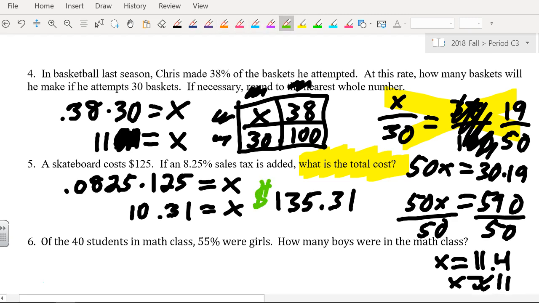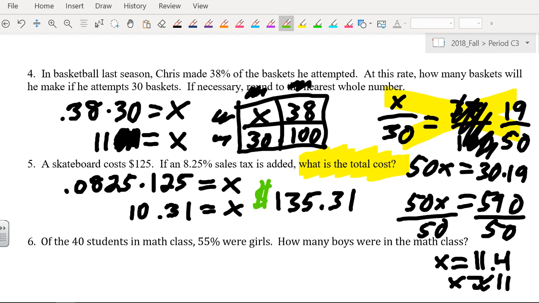Don't make me use the box method. Do the box method. Okay, but is 125 going to be on the part or on the whole? Does 125 go on the top or bottom? Top. Are you sure? Does 125 go on the top or bottom on the box method?